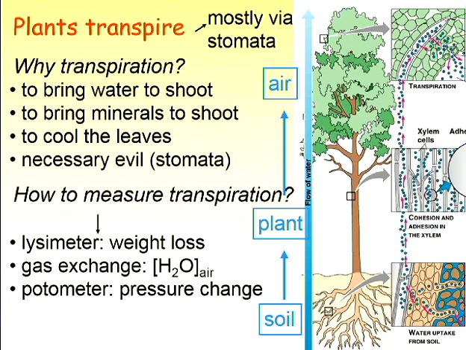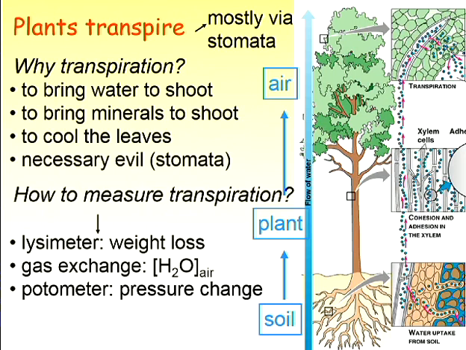A third way in which you can measure transpiration is a potometer. A potometer takes a branch or a stem, so you have to destructively sample the plant. You stick it in a tube, and the tube is filled with water. It's U-shaped, and you stick the branch or the stem in one end of the tube where it's in contact with the water, and on the other side of that U-shaped tube there's a little bit of air, and there's a pressure meter attached to that air.